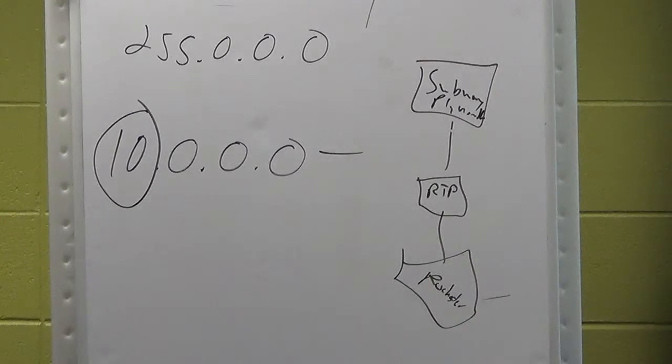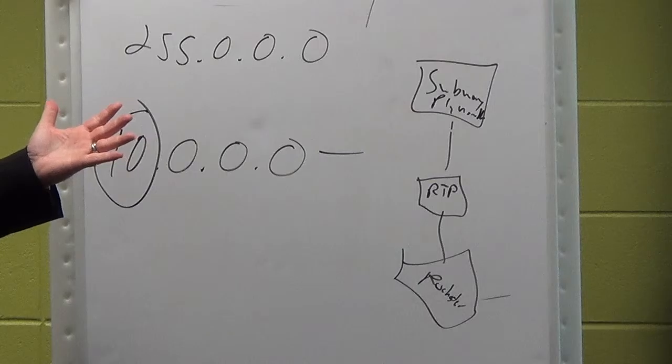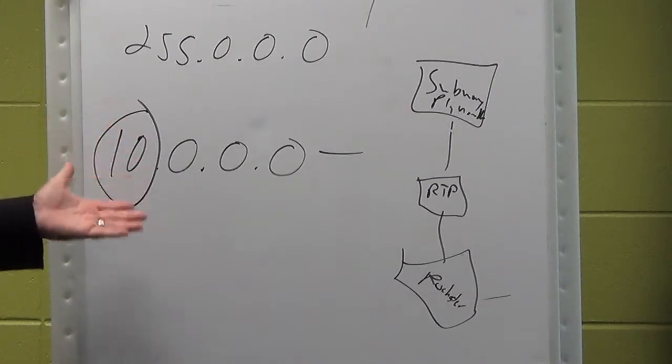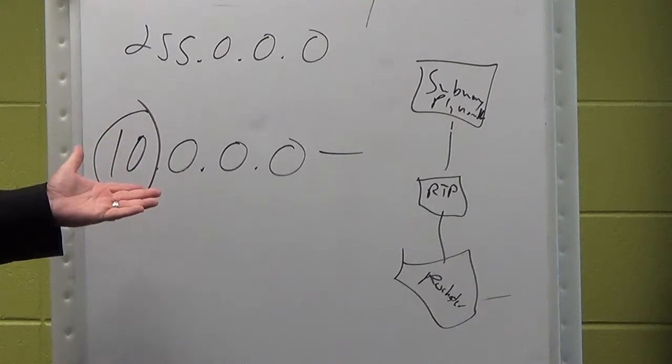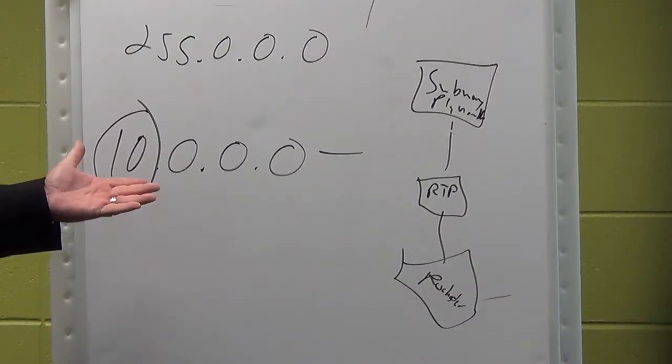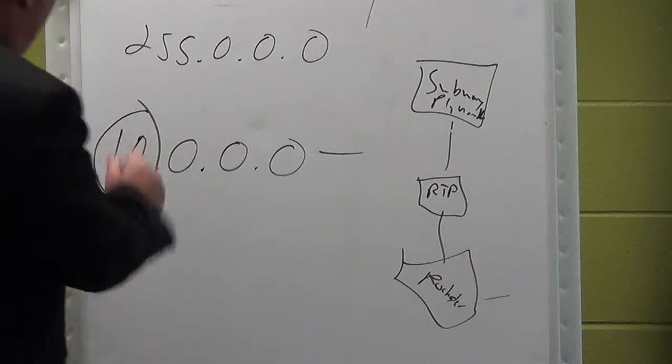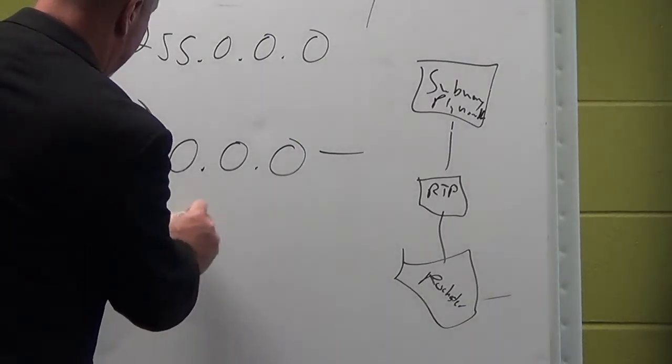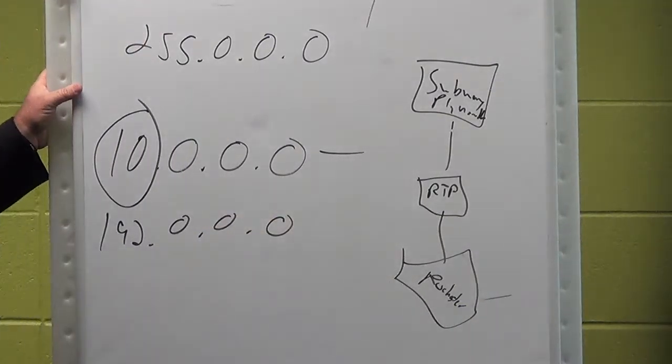What are they? Give me another one. Somebody give me another network address for another location. 192.0.0.0. Give me another one.